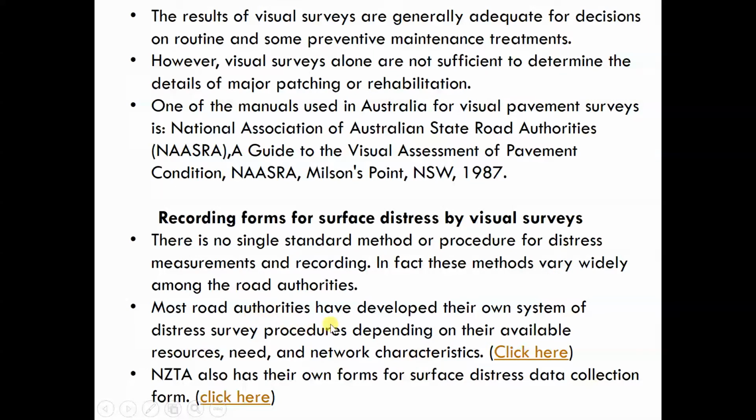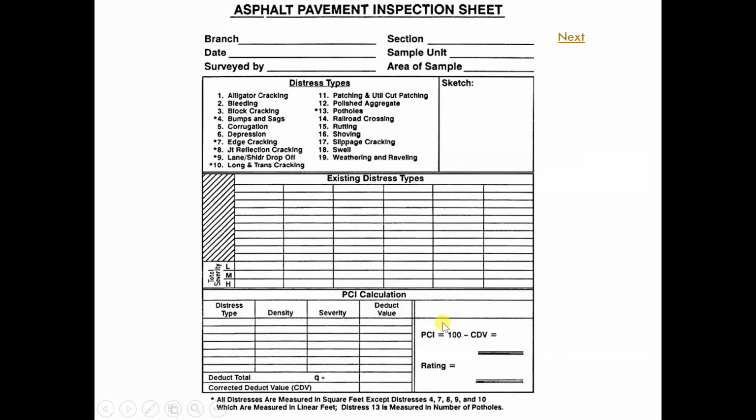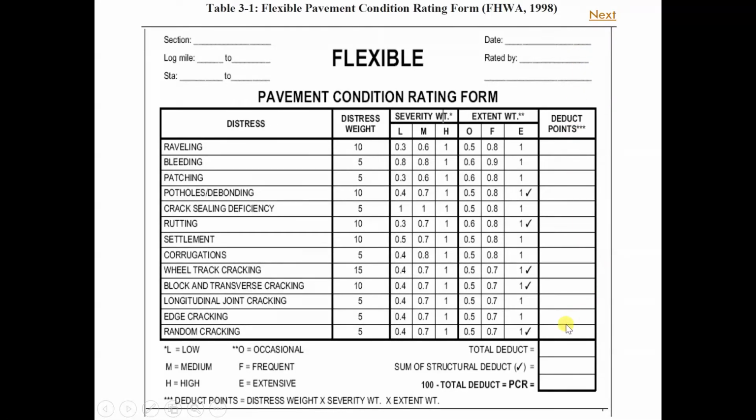Most road authorities have developed their own system of distress survey procedure depending on their available resources, need, and network characteristics. So every country has its own form. This one I think is somewhere in America. This one is in America as well, a different type of form.